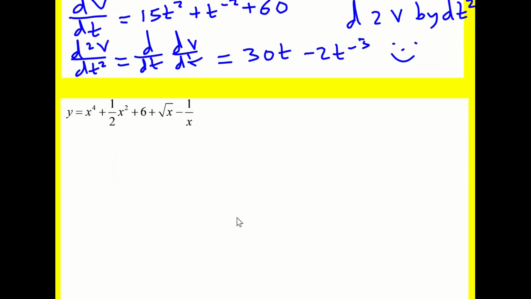Here is a function for y. Okay, what I want you to do is to find as many higher derivatives as you can. Go for it. Okay, the absolutely essential thing again is writing it in powers, x to the power of something.